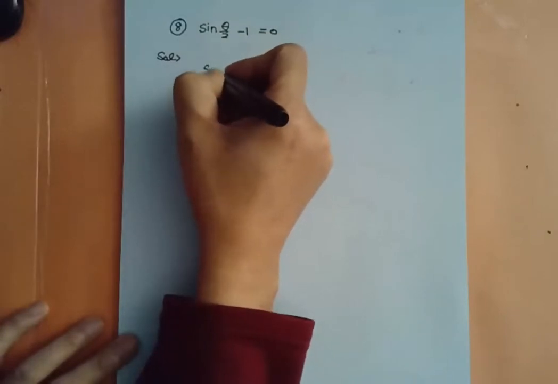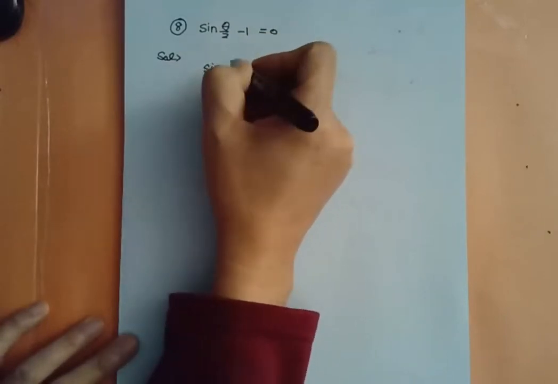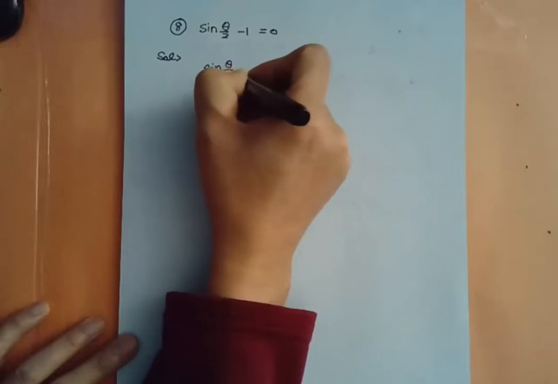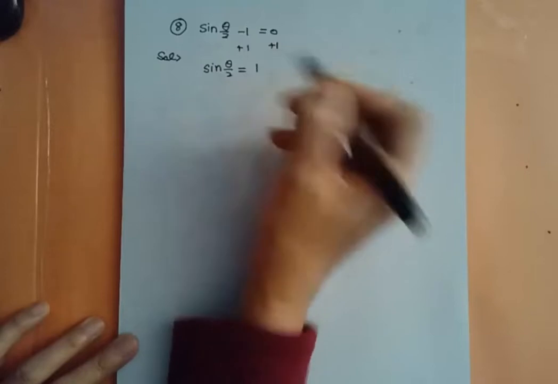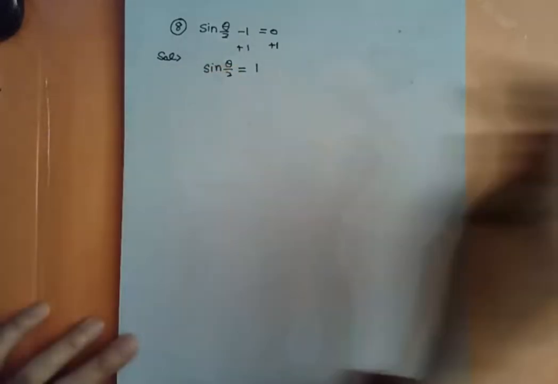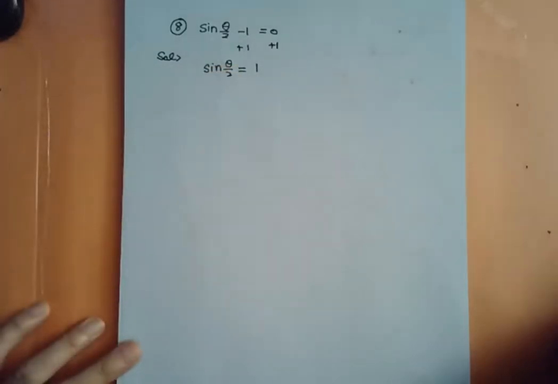Firstly, we will solve for sine of theta over 2. And then it becomes 1. This section is 7.4.